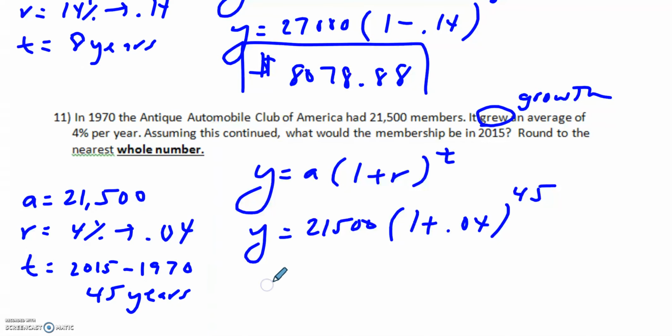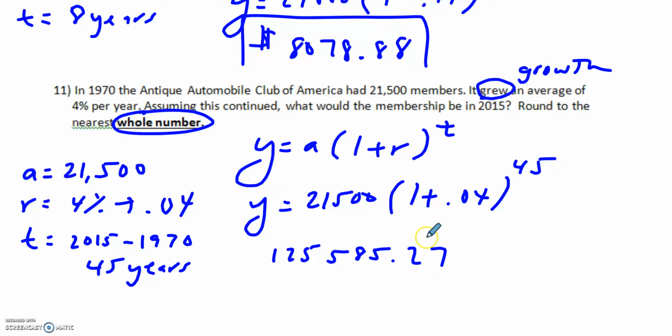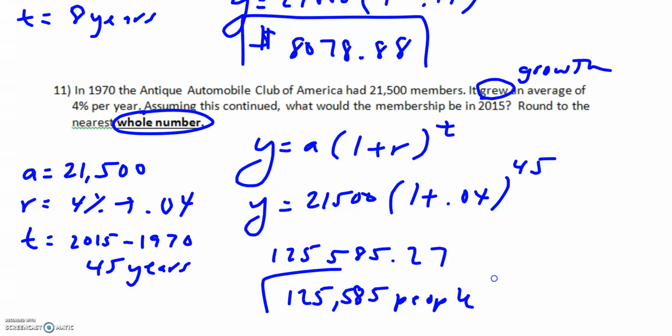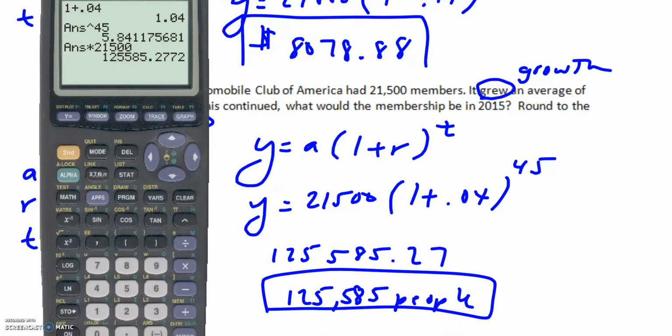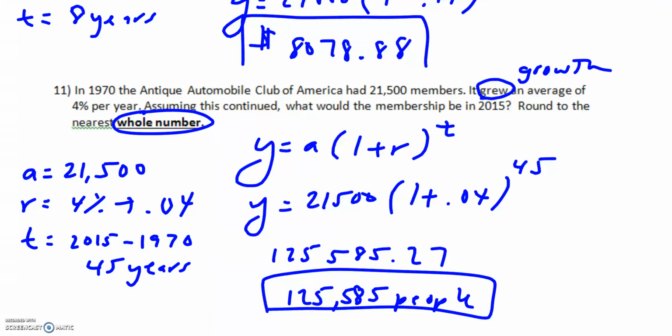So if I wrote that down here, I'd get 125,585.27. Now again, because we're dealing with people, the reason it says the nearest whole number is whichever whole number makes sense in the situation, because I can't have 0.27 of a person. I have 125,585 people. And just to check that again with the calculator, yes, that looks good.